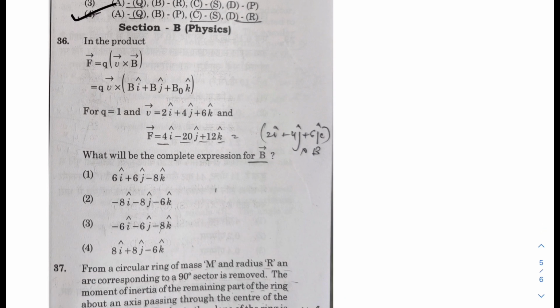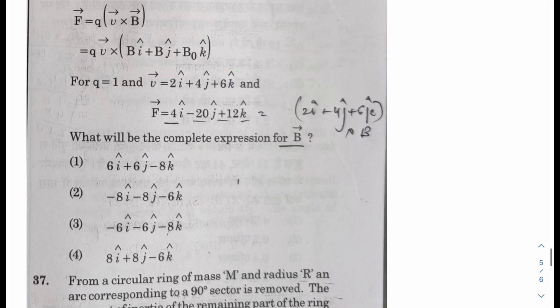In the product, F is equal to Q V cross B, with Q equal to 1, V equal to this, F equal to this. What would be the complete expression for B? It's a very interesting one. One thing I can directly say, B is definitely going to be perpendicular to F. So the best way is to check whether F is perpendicular to B or not. If I check it, it is 4, 6, 24, positive 24. This is minus 120. This is 12 and 8, it is minus 96.